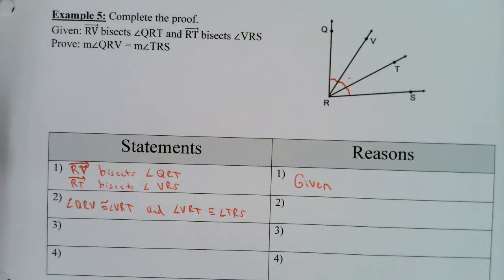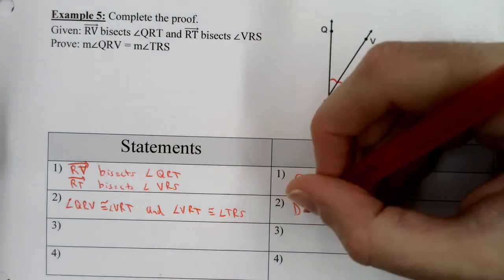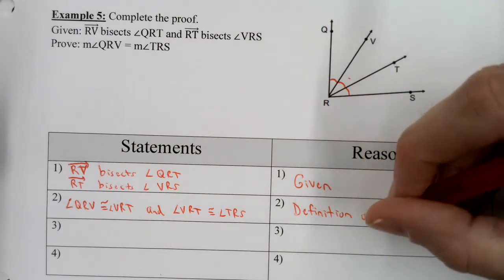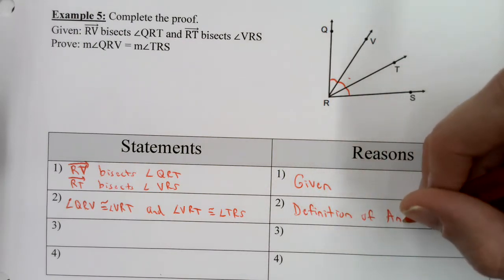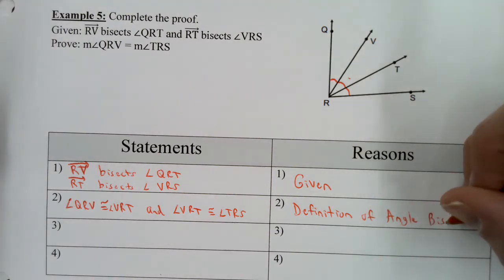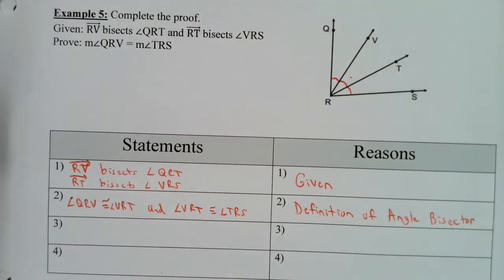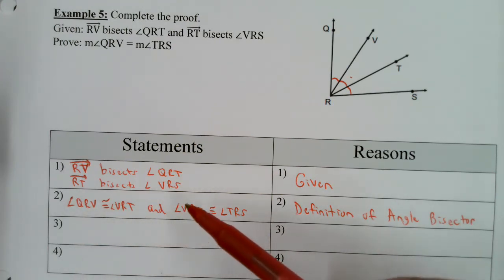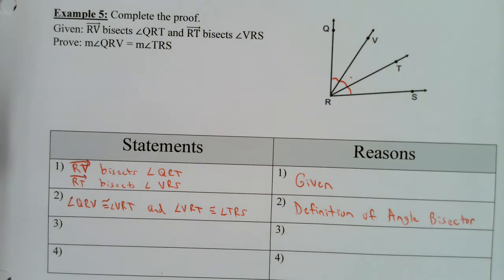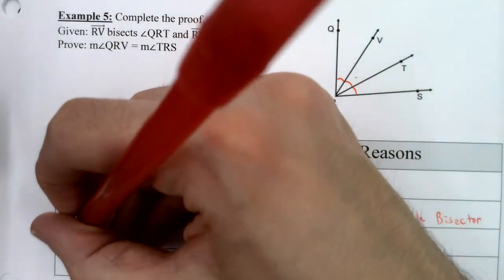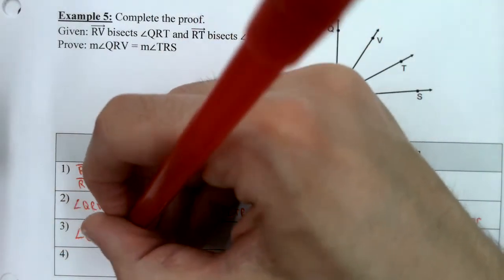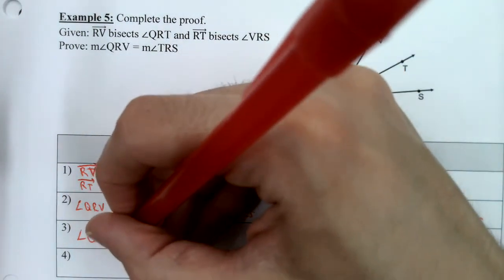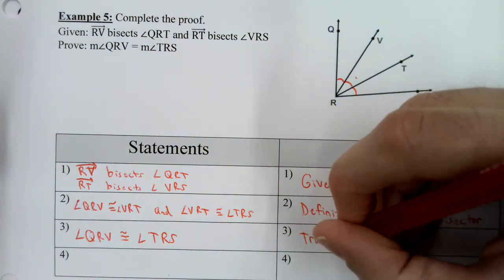Okay? Whenever it doesn't have a theorem name, or a postulate name, or a property name, then it's going to be a definition of something, and this is the definition of angle bisector. But check this out. Angle QRV is congruent to angle VRT, and angle VRT is congruent to angle TRS. So I can use the transitive property and say that angle QRV is congruent to angle TRS. Transitive property of congruence.